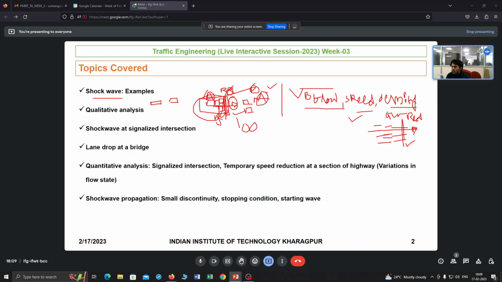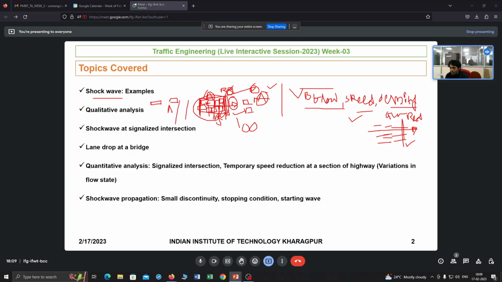So now you see, like this the queues are forming, right? As more and more vehicles join towards the end, this is changing. First it was there, now your shock wave is there, then there, now there, right?